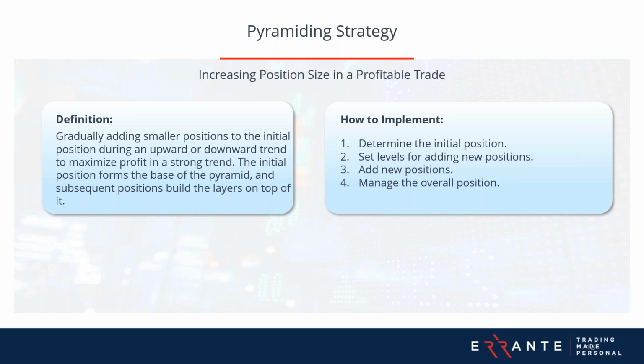For instance, after entering the initial position of one lot, you might plan to add a second position at 1.1050 and a third at 1.11, each smaller than the last. Let's say these levels are a bit above a strong resistance level or a Fibonacci retracement level.